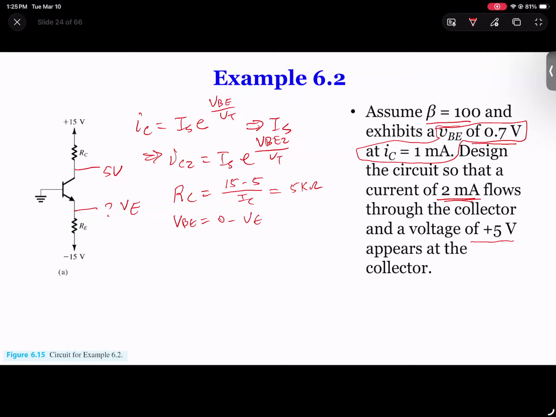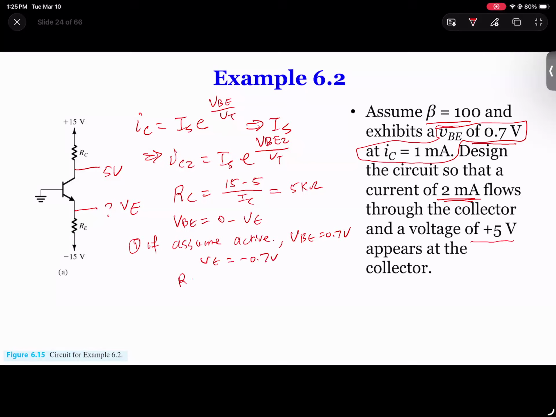B is grounded, so VB is B minus VE, so VE must be a negative number. For the first assumption, if we assume this transistor is in active mode, and we also assume that VBE equals 0.7 volts, then we can say VE is negative 0.7.